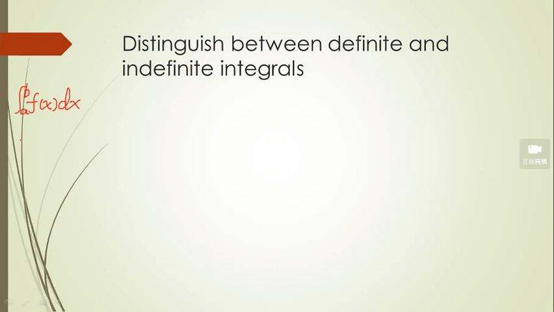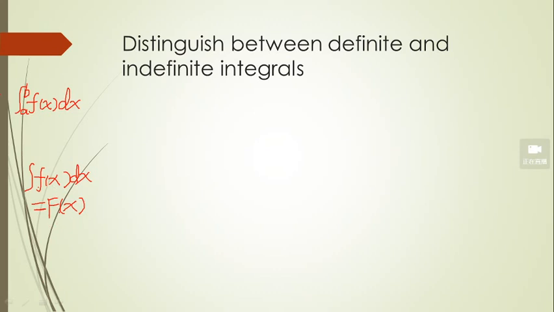So it's a number. Then what does the indefinite integral mean? This one denotes the big F. What is the big F? The general antiderivative. Is this one a number? Of course it's not. It's an antiderivative, and an antiderivative is a function.